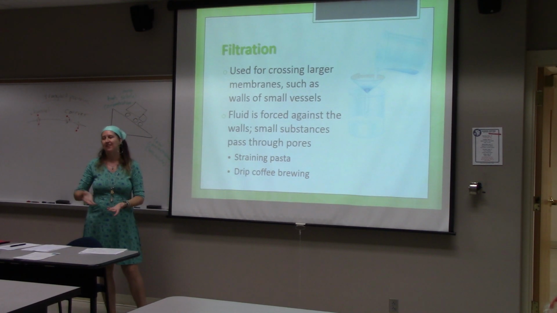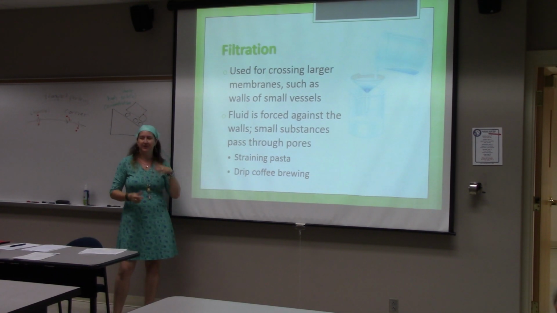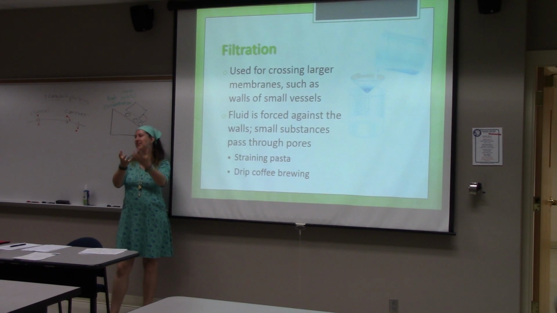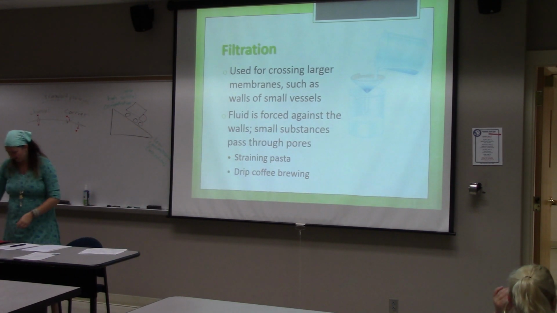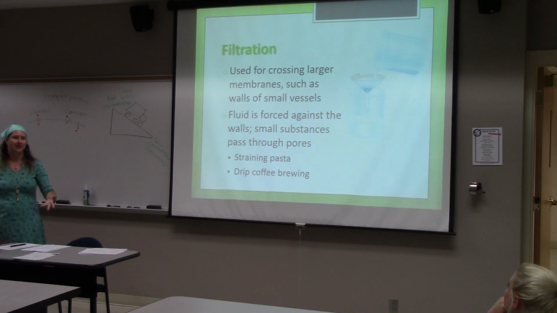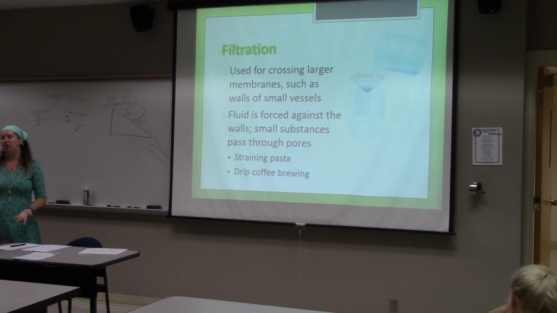The little holes let the water get through and some of the dissolved starch, but not the noodles. Now, brewing your coffee with a drip maker, your filter blocks the grounds, but lets the water and the coffee flavors go through. The bigger the pores, the more things can get through. So if you had a hole in your coffee filter, then the grounds would get through.